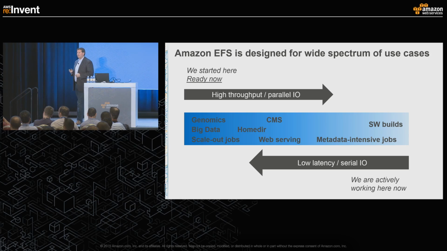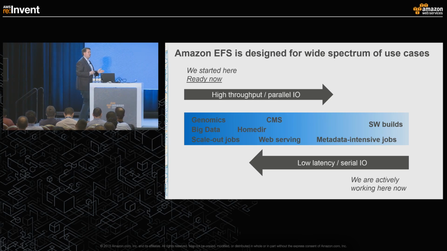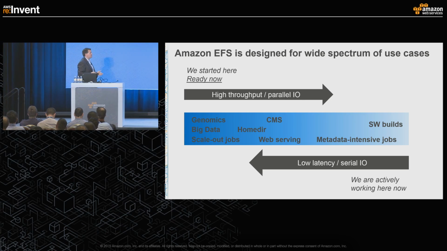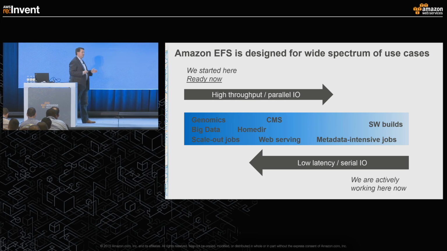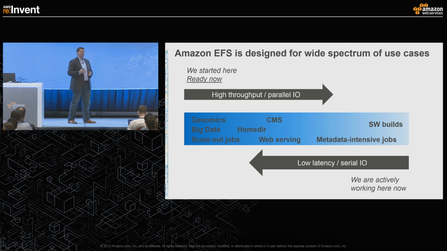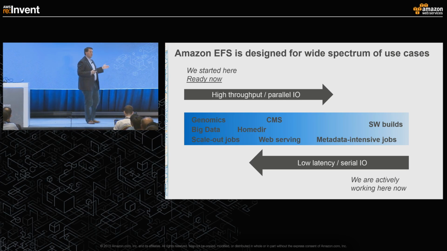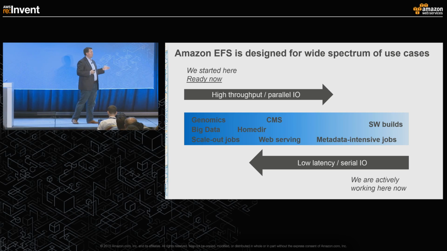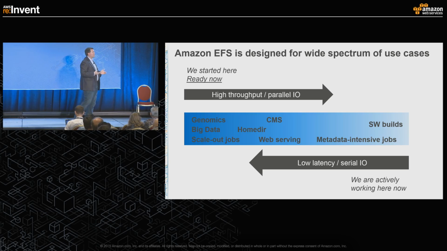So on the far left-hand side of the screen, you'll see use cases that are focused on high throughput and effectively are large file operations. These are things like genomics and big data and scale-out jobs. Many of you have jobs like this, and in fact, many of the early adopters for Elastic File System have these types of characteristics. So when we started working on the performance model, we worked on one that was very appropriate for these very, very large jobs.